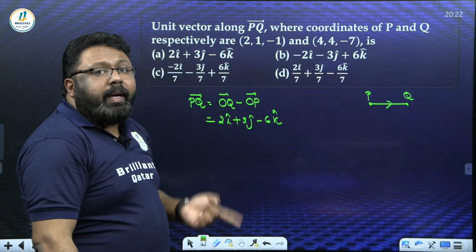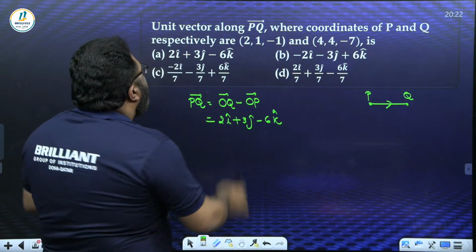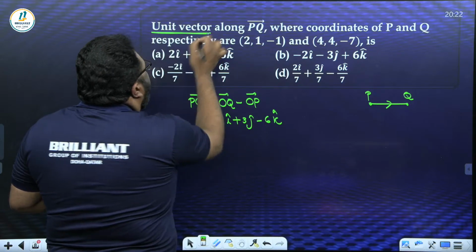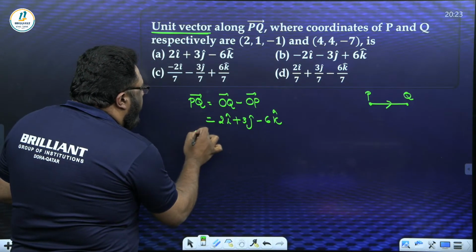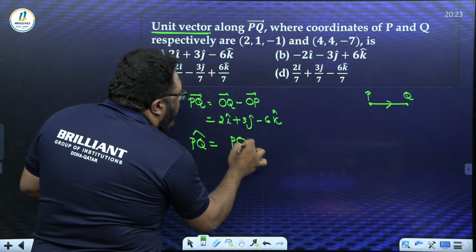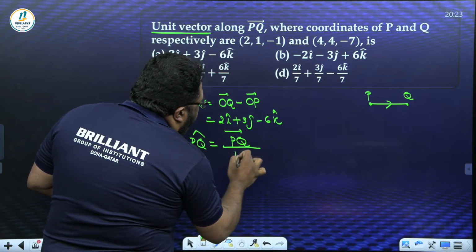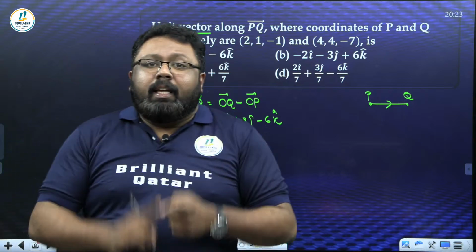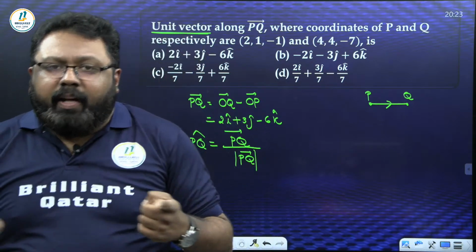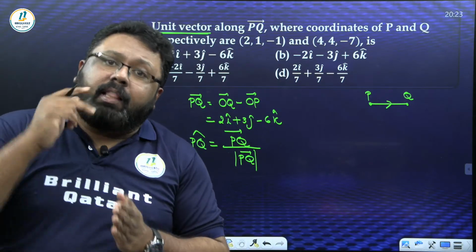This is your PQ vector, but they don't want the PQ vector, they want the unit vector along PQ. How to find the unit vector of PQ? It is simply the vector divided by its magnitude. All of you, a unit vector is not the same vector. A unit vector is another vector.